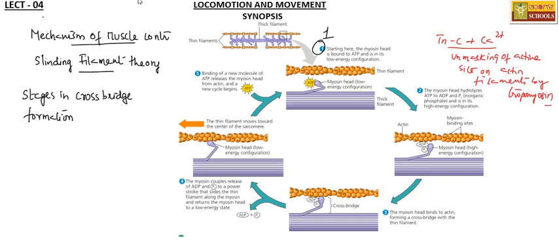Okay, so once that is finished, you will see here the active sites are exposed, and now the ATP will bind with the myosin head. We have seen in the previous sessions that the myosin head has two points: one where it attaches to the actin, and another which is the ATP binding site.